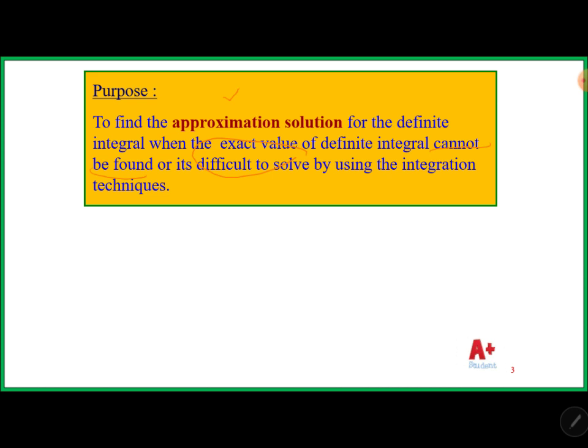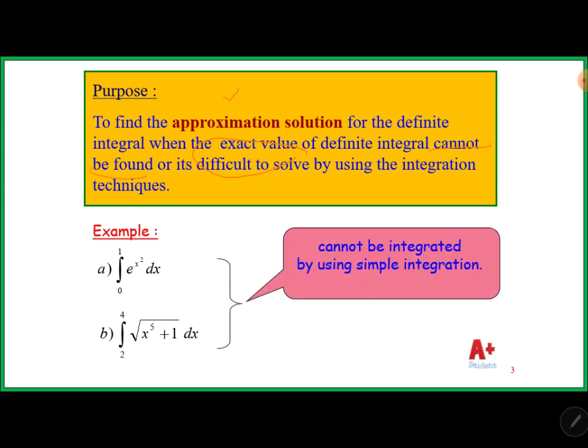But we need this approximation method when we cannot find the answer using those methods. For example, integrating e to the power of x squared with respect to x from 0 to 1, and integrating square root of x to the power of 5 plus 1 with respect to x from 2 to 4. Both of these examples cannot be integrated by simple integration.